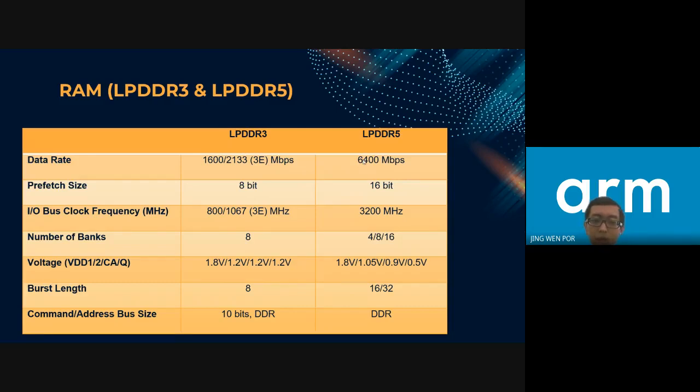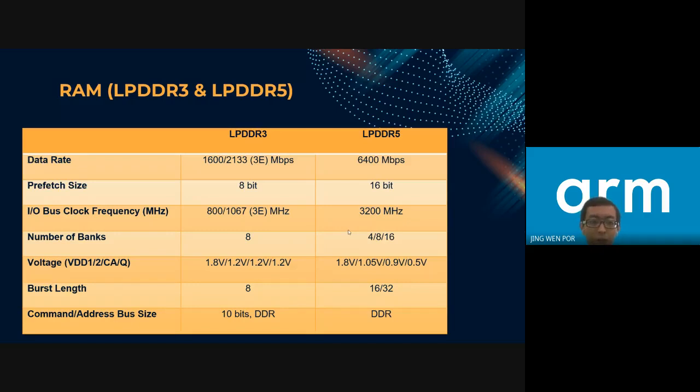As with the other specs, the prefetch size is increased by twice. The I/O bus clock frequency increased nearly thrice, while the number of banks retains compatibility, still having 4, 8, and 16 in the LPDDR5 RAM.